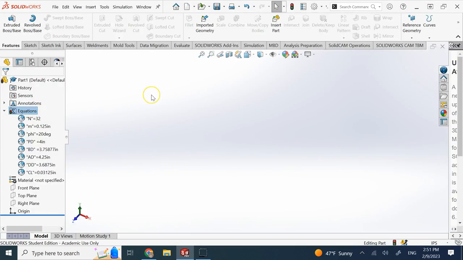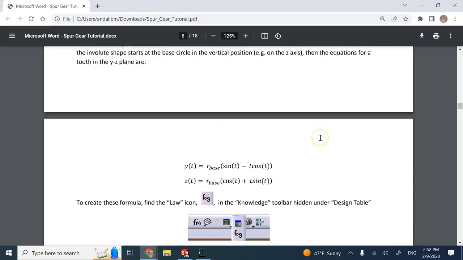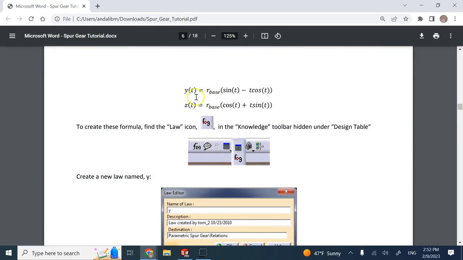So now the important thing is the involute curve, which is the profile of the tooth of the gear from the base circle all the way to the addendum circle. We need to create that, and I have shown it in my other videos. It's a parametric design, and let me show it here as well. So this is the equation for it.